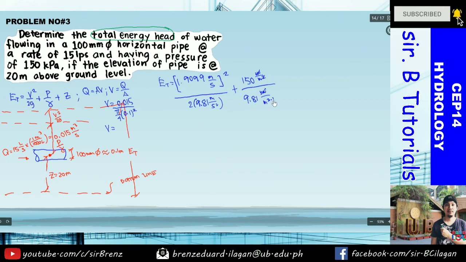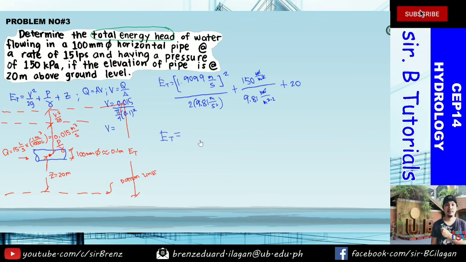Ito, minus 2, kaya magiging 1, which satisfies. So, reciprocate mo lang, so tataas yung meter. So, meter tayo. And then, plus our elevation head na 20 meters. Input mo lang to sa calculator. And what will be the answer for our total energy head?